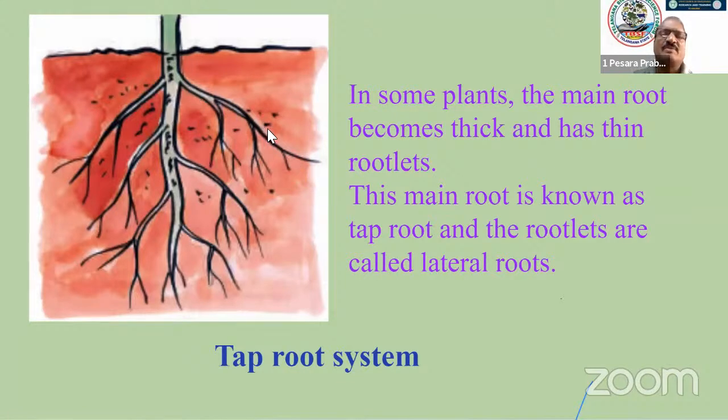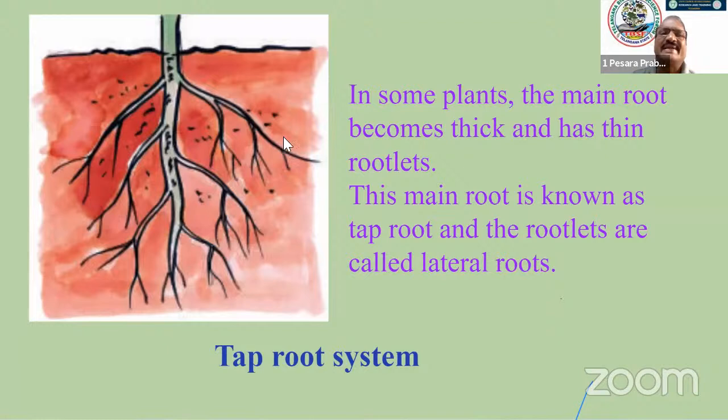So, most of the plants, of course, they are called dicot plants. You will learn in the higher classes. These plants have a main thick root and thin rootlets. This main root is known as tap root, talli veru, because it is thick and long or large.